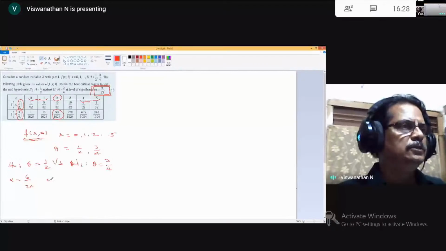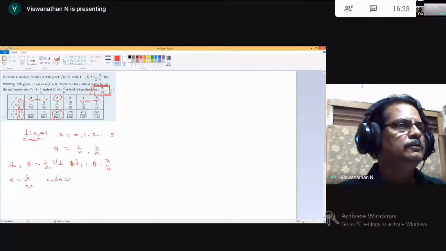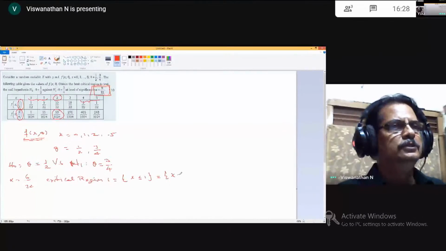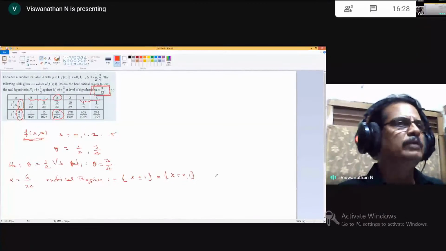My critical region 1 should be something like X less than or equal to 1. That means X is equal to 0, 1. This will have an alpha value of 1 by 32 plus 5 by 32, which is 6 by 32.